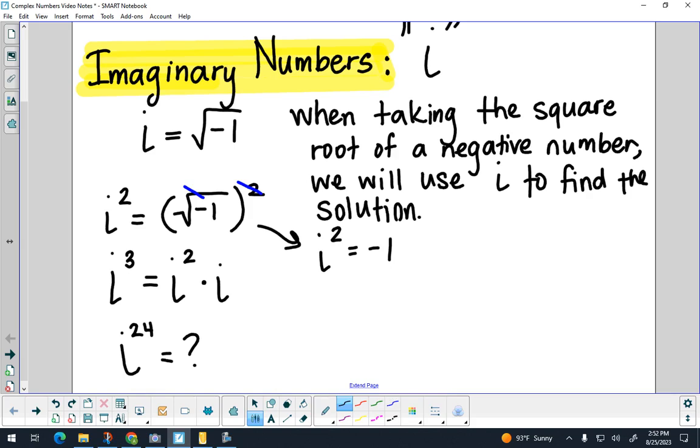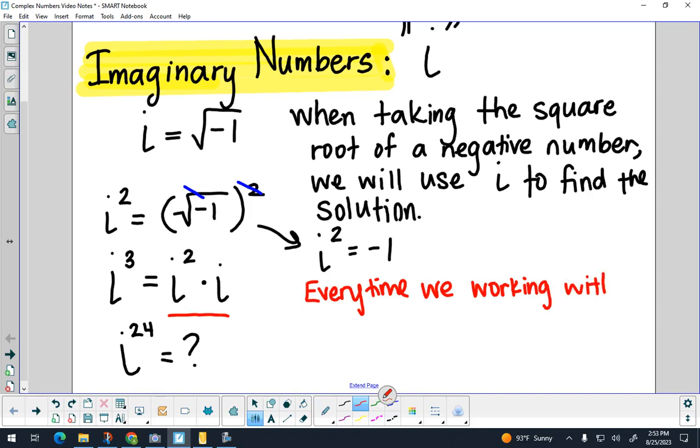So then what about i cubed, or to the third power? Well, we would write that as i squared times i. So every time we are working with i, the pattern is that we're going to be using i squared as a base.